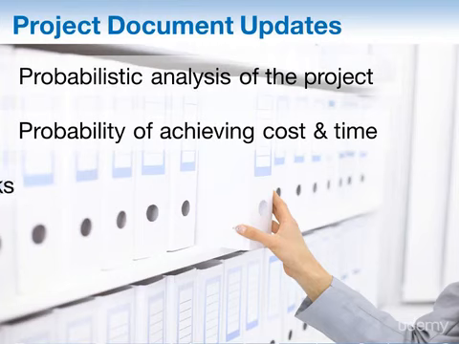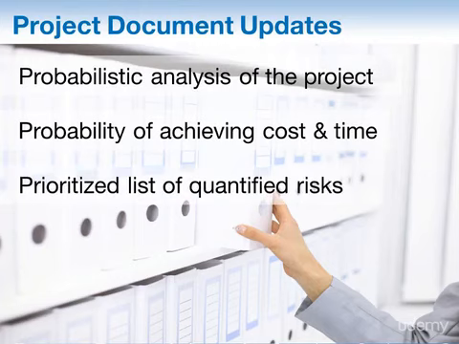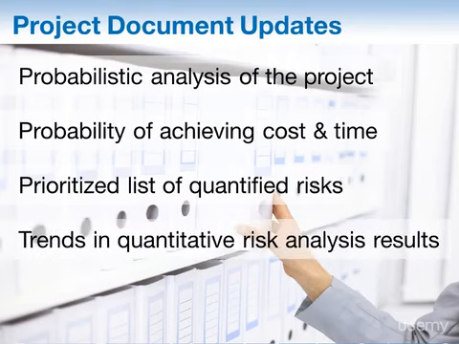We will also have a prioritized list of quantified risks, because now that we have assigned a number to our risks, we have a quantity in them and we can sort our risks by that quantity. And there may also be trends in quantitative risk analysis results. For example, if we do this process several times, we get a trend over time.